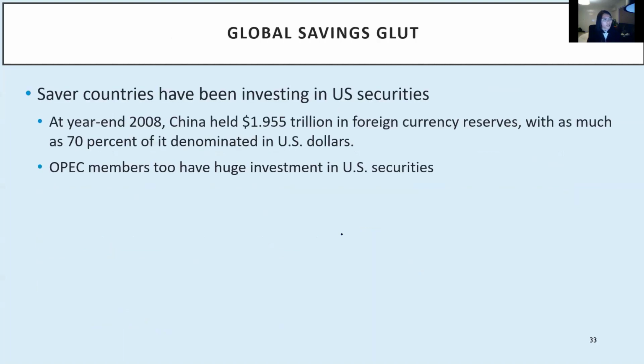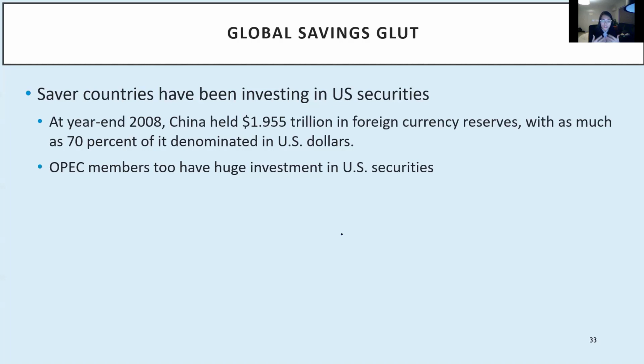All right. So the second contributing factor was that a lot of developing countries became developed, like China, Japan, and so on. Over time, these economies became stronger, and as they became stronger, they started to save more. Similar to before, when people save more, they want to invest more.